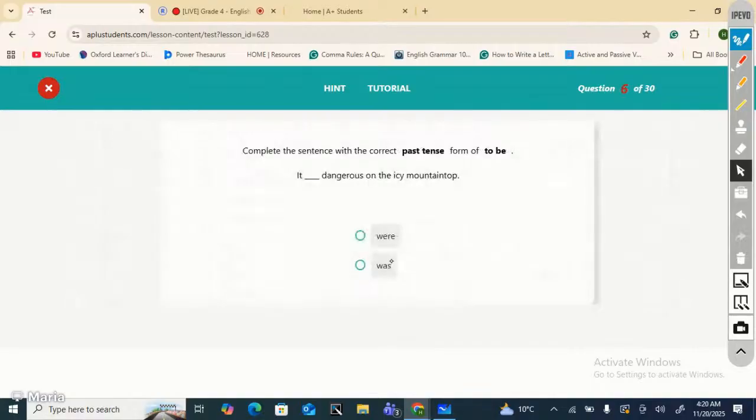It blank dangerous on the icy mountain top. It were or was. You have to choose the correct past tense form of verb to be.